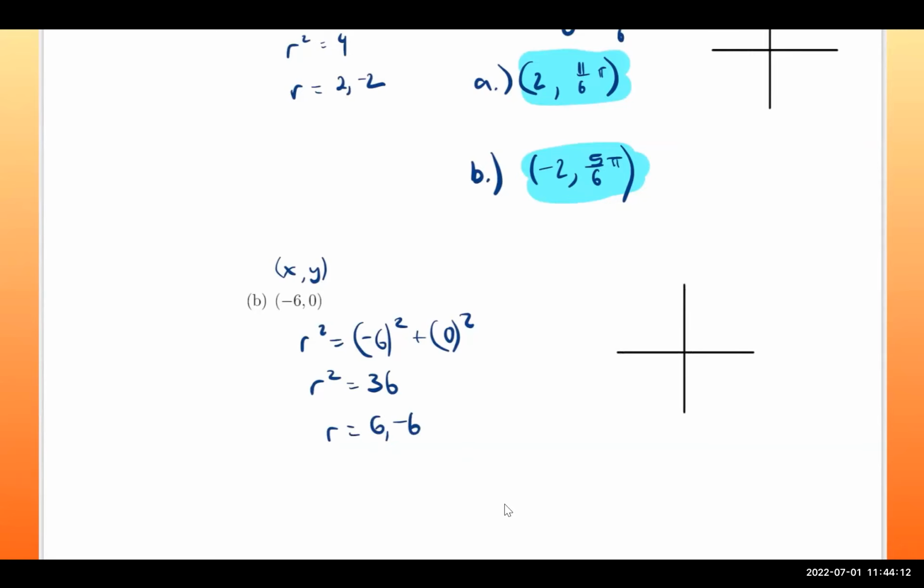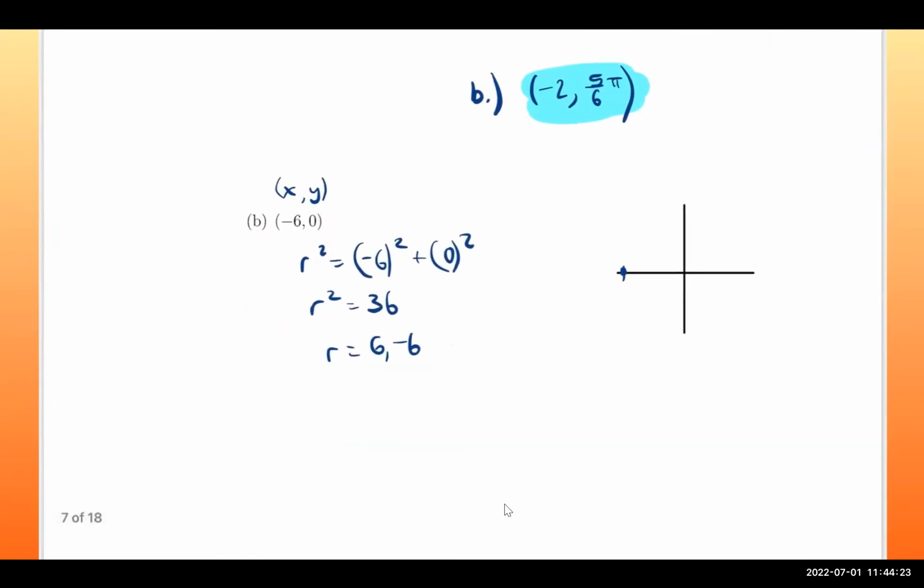For this one, because the angle is actually on the x-axis, you don't even need to use the formulas. You already know that your point is over here at -6, 0. That's your point. So this is pi. So the angle is pi. So for this, you would just have to write your r is positive 6, your angle is pi.